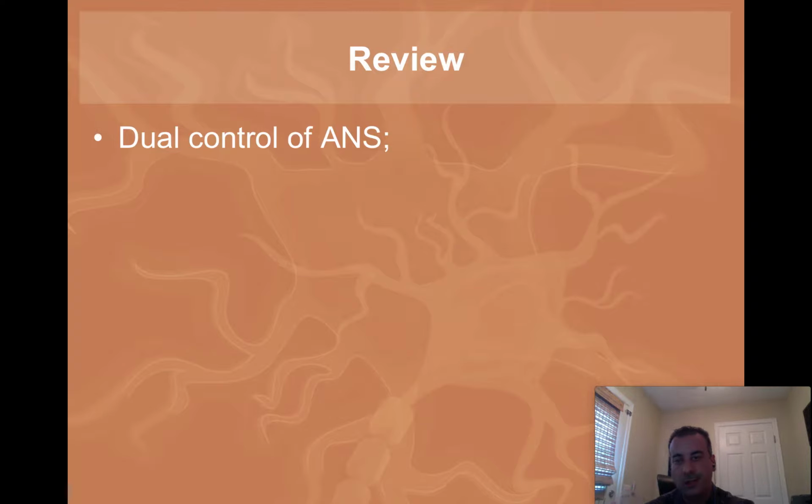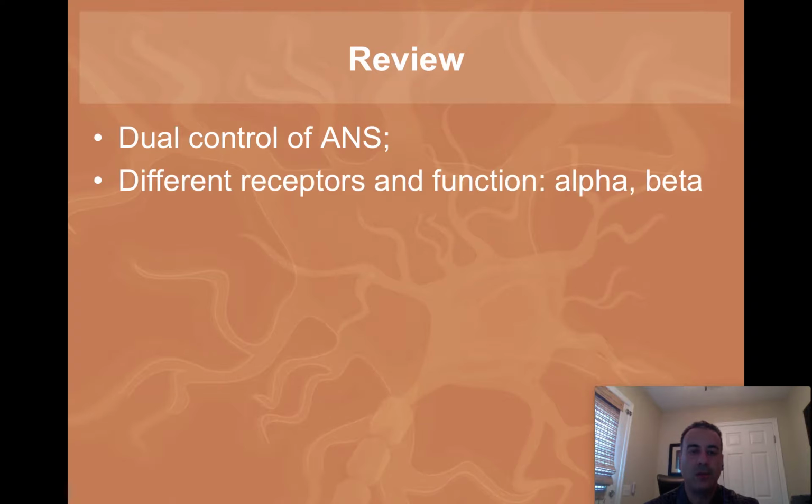Dilation versus constriction of the pupil. Heart, salivary glands, digestive system. If you think about the processes of the body and how we have to either excite them or inhibit them, then we're going to have changes that are opposite of each other as we have this dual control of the autonomic nervous system. So be familiar with the dual control, some ideas and physiological changes that the textbook discusses when it comes to dual control of the ANS.